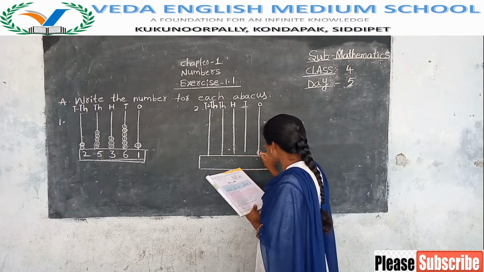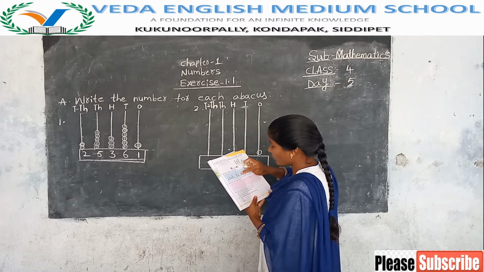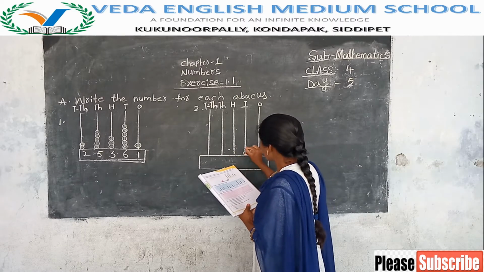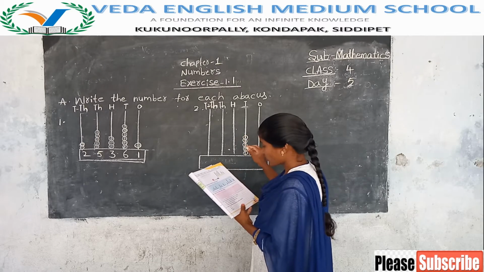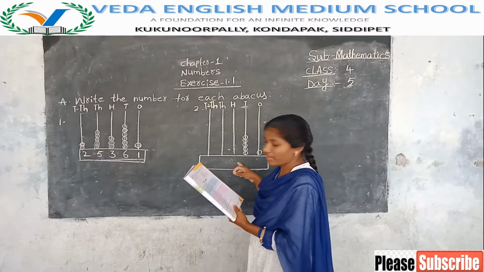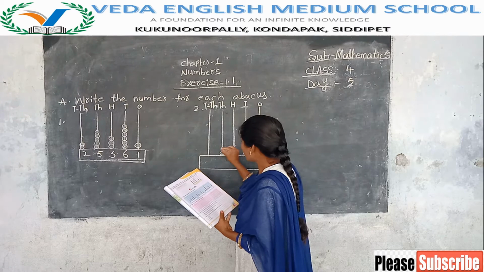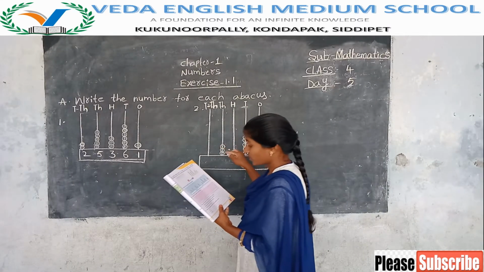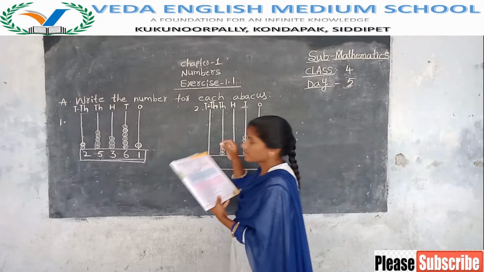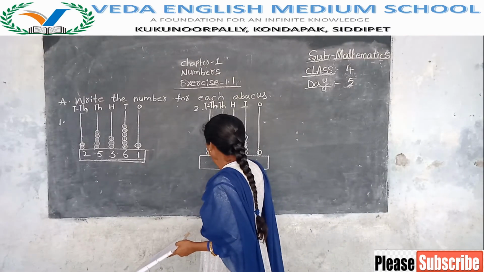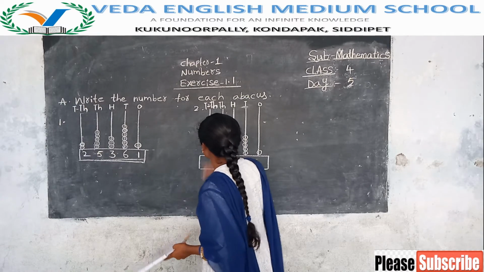We have only one. Next, here 5 are there: 1, 2, 3, 4, 5. Next, in the third place we don't have any beads, so don't draw anything. Next, here we have 3: 1, 2, 3. Next, 1, 2, 3, 4, 5, 6.